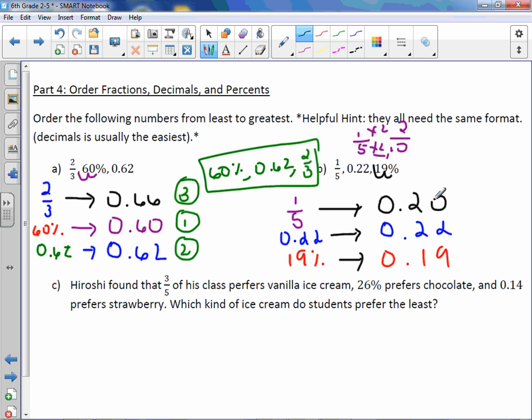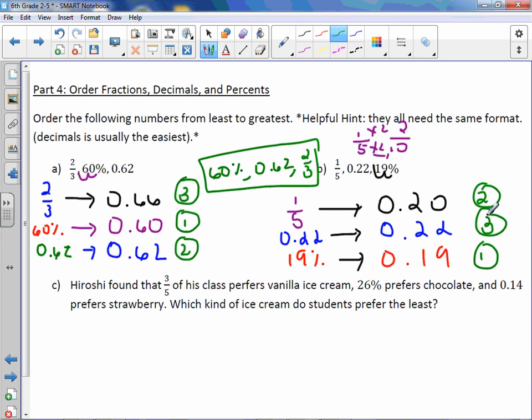We are going least to greatest, so let's find the smallest number. Compare from left to right your digits. Zeros, my decimal points are lined up. 2 to 1. 1 is definitely smaller, so that's going to be my first answer. But for the top two, I have to go to the next digit because they're the same. And then when I compare 0, 2, 0's next, and then the 2 is last.